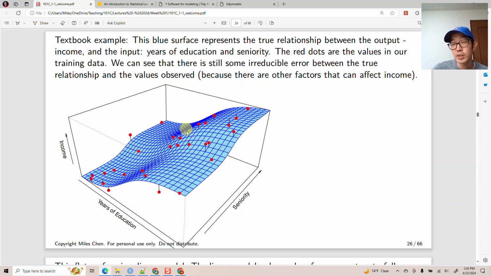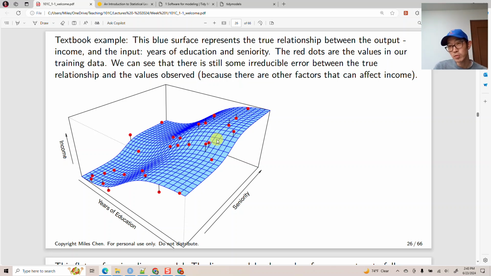There's also some, and these red dots represent individuals, and there's going to be some leftover error. And so you have some red dots. So this person, their income is lower than what the true relationship indicates it should be. This red dot is higher, meaning this person's making more money than what the true relationship should be.